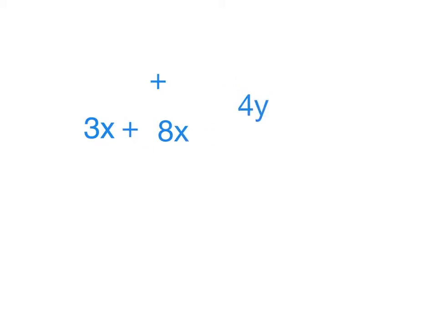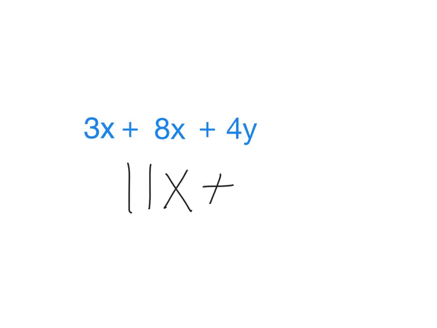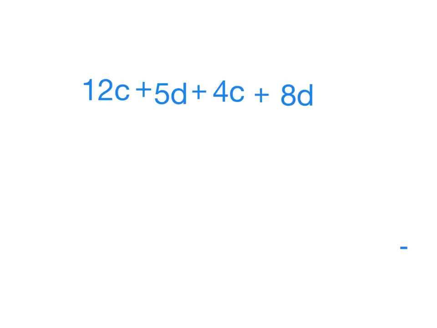I'm just putting the x's together and I'm putting the y off by itself. I'm not mad at the y or anything. It doesn't have a friend. It doesn't have a match. So off it goes to the end. And now we have our 3x and our 8x together. 3x plus 8x makes 11x. And there's our 4y, lonely but standing proud at the end.